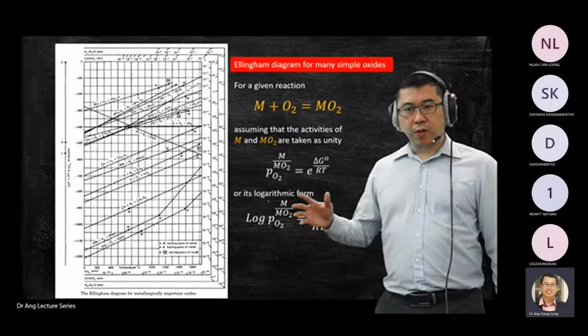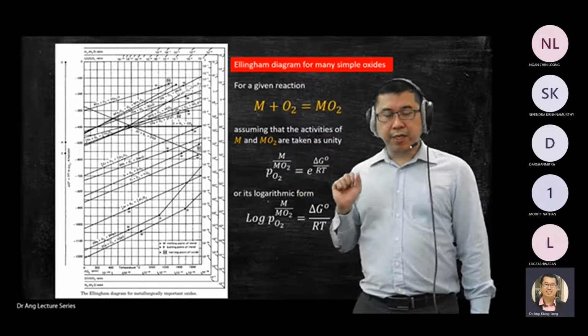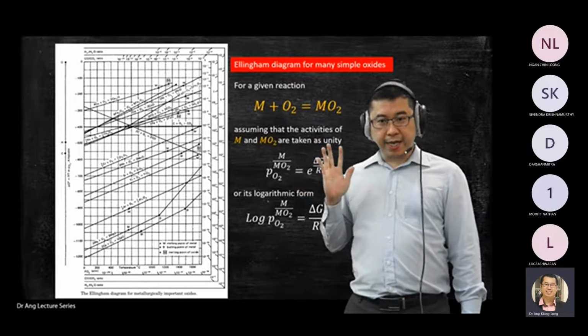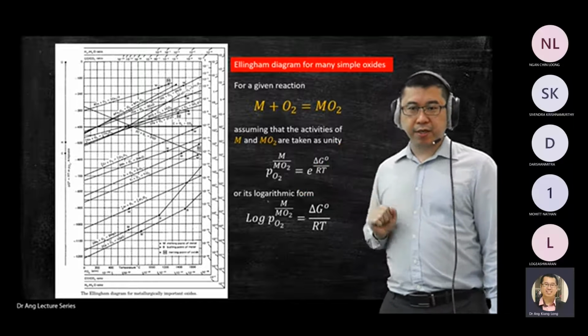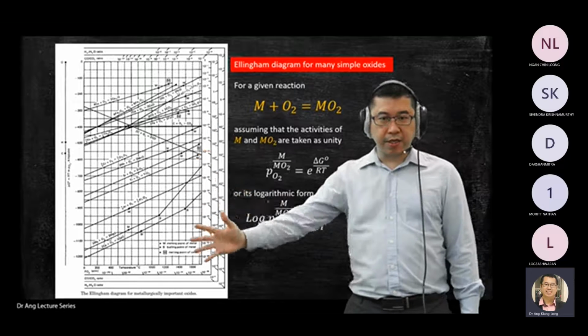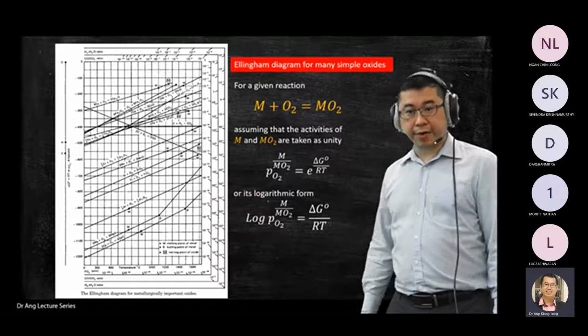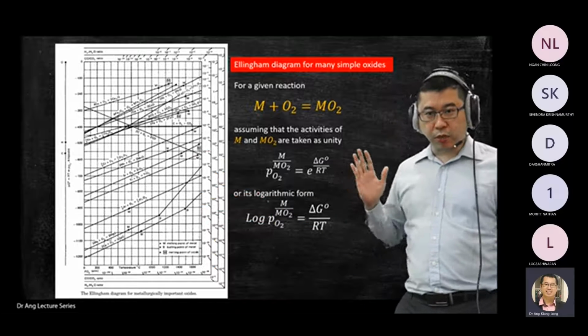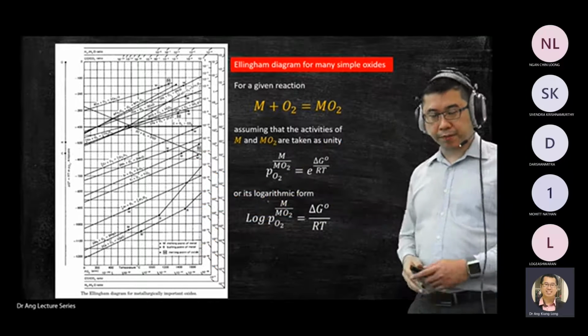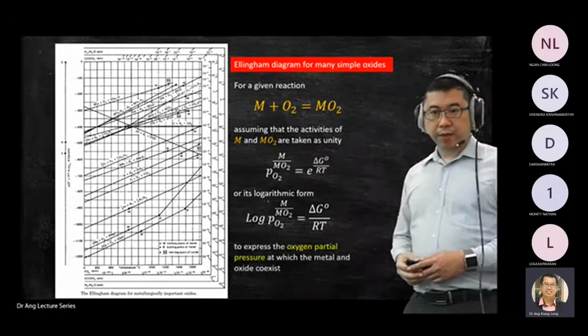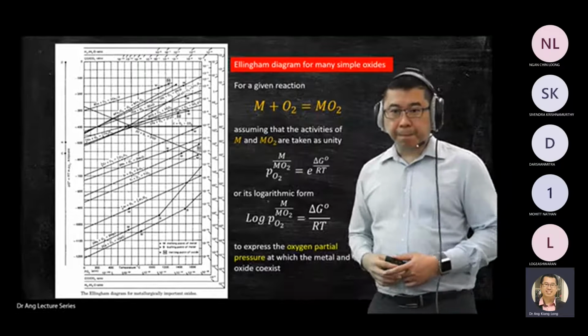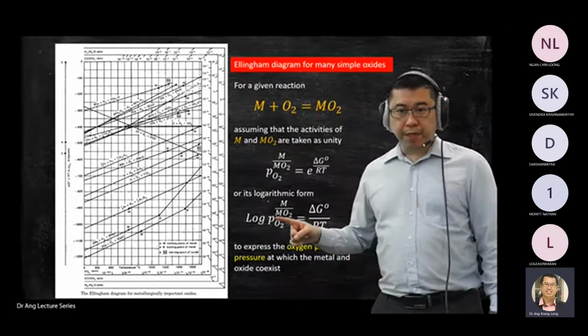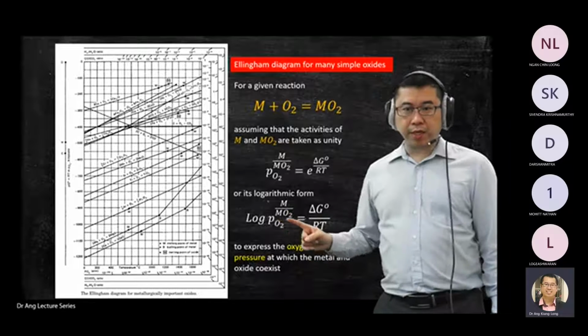Okay, so what is important is that you understand that this is the equation for the Ellingham diagram. So you see PO2 here.